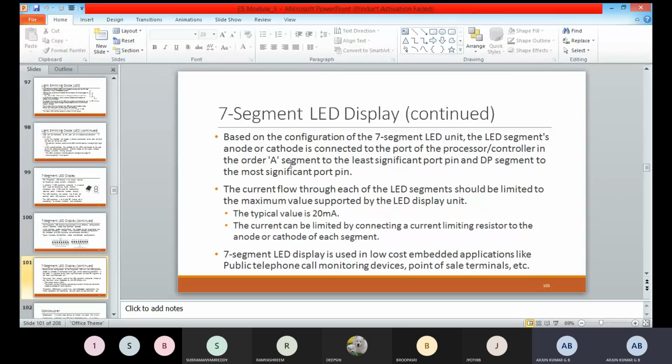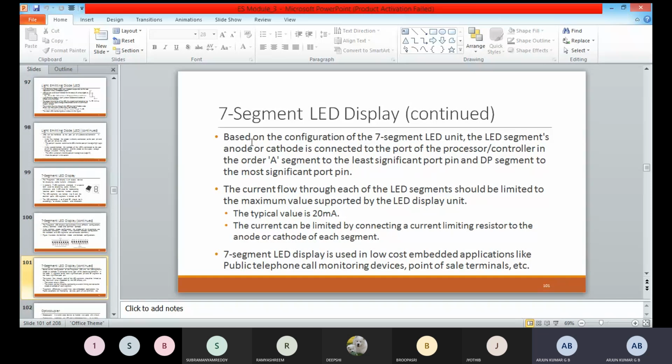Based on the configuration of the LED segments, in a 7 segment LED unit, the LED segments' anode and cathode are connected to the port of the processor or controller in the order of segment A to the least significant port pin and DP segment to the most significant port pin. One port will be all the anodes, with 2 configurations: common anode and common cathode.